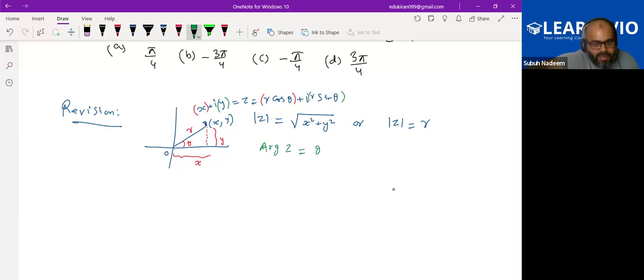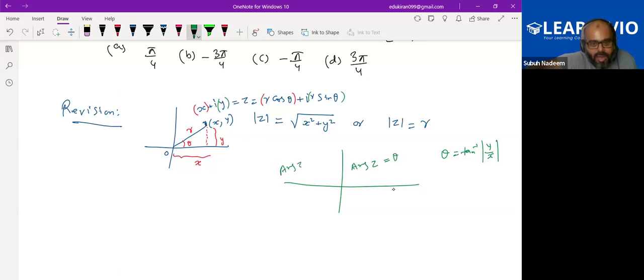But here there is some condition also. In different quadrants, we have different values of argument. Theta we find out as tan inverse of mod of y by x. Then in the first quadrant, argument of z is equal to theta. In second, argument of z is pi minus theta.